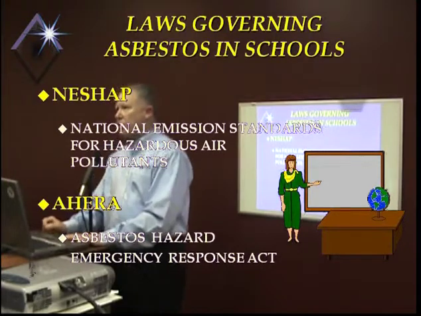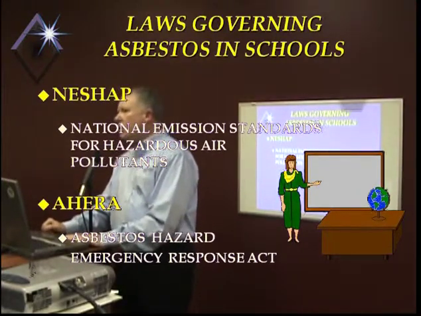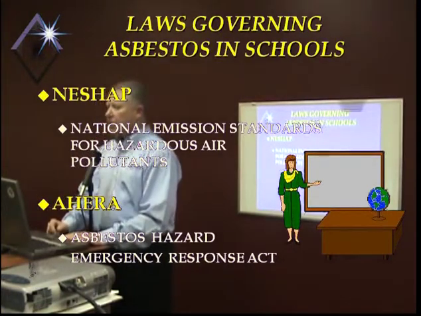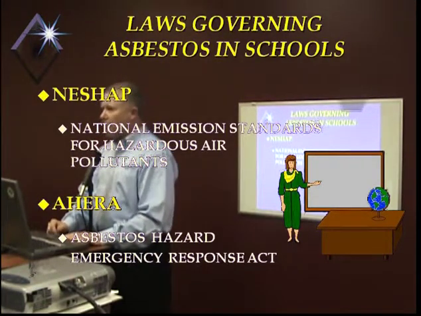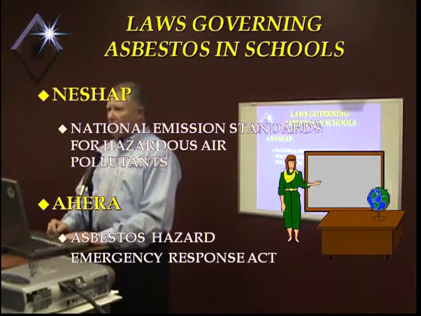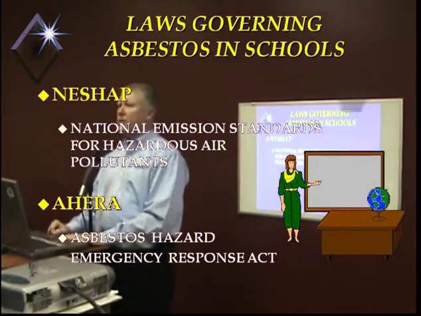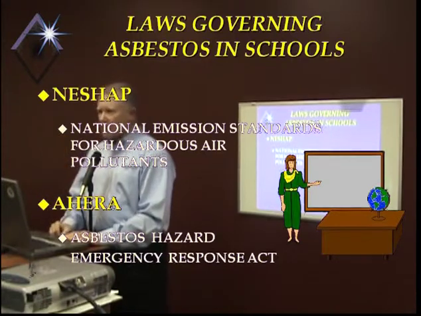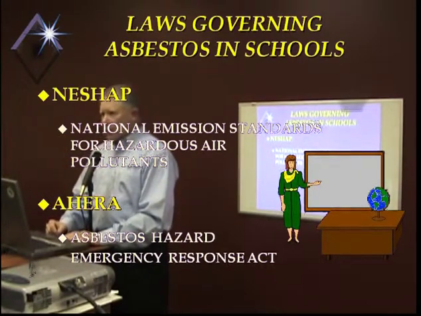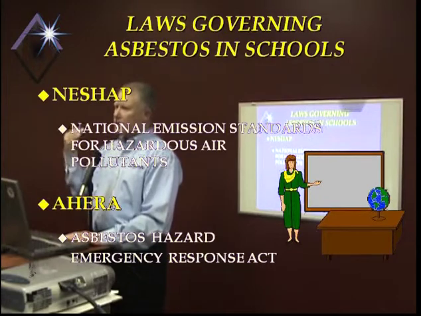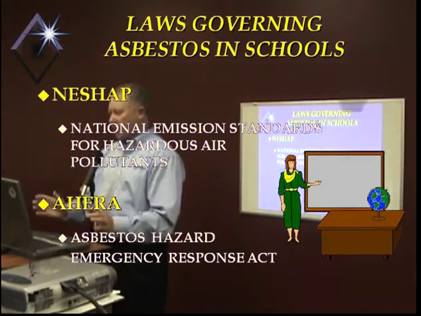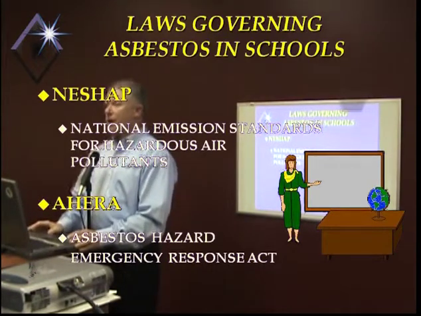So now that we have OSHA, we're going to discuss 2 of the other air regulations that deal with asbestos. The first one is the NESHAP regulation. As I said earlier, this is the National Emission Standard for Hazardous Air Pollutants. When the Clean Air Act was adopted in the 1970s, the people that promulgated this rule, EPA and Congress, assigned certain types of air contaminants as hazardous.